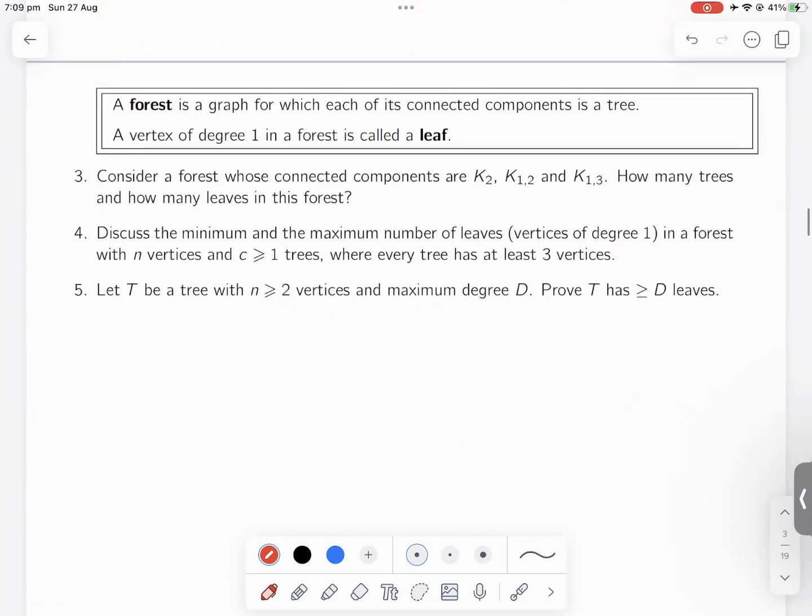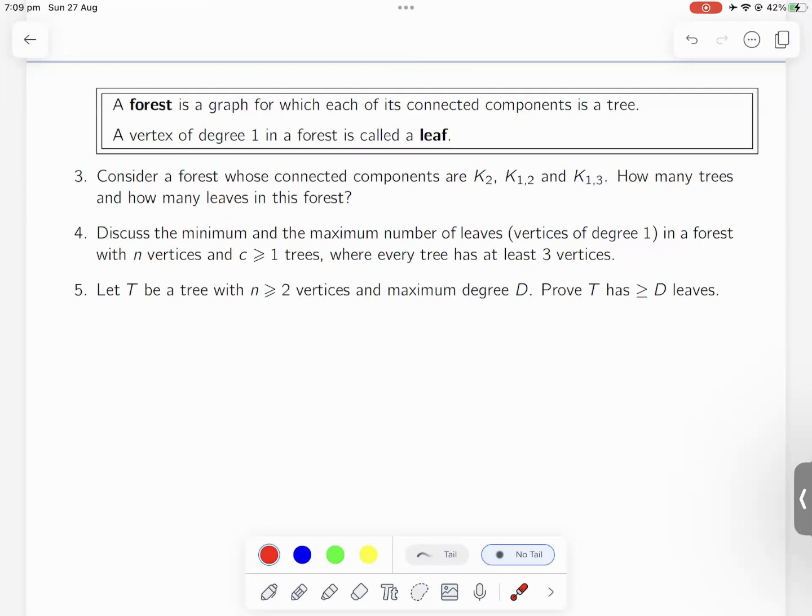A forest is a graph in which each connected component is a tree. So it might have different, disconnected components. Okay. Consider a forest whose connected components are K2, K12, and K13. How many trees and how many leaves are in this forest?